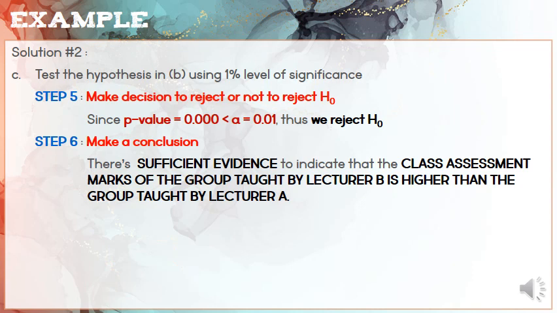So, sebenarnya, kalau kita compare dengan single mean, stepnya sama, cuma dalam comparing two means untuk independent t-test, kita add Levene test untuk check the equality of variance.